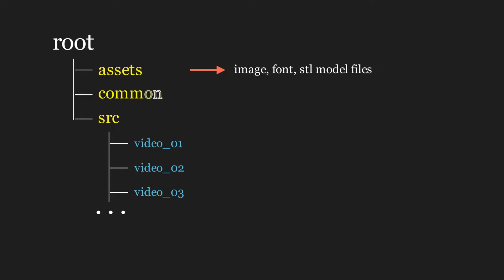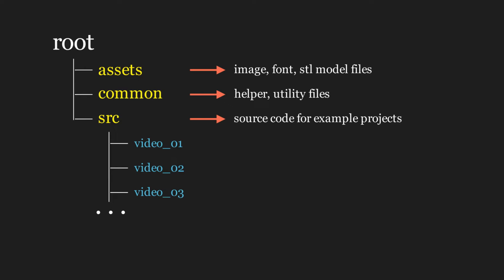The Common folder contains commonly used files that can be reused in multiple examples, such as helper and utility functions. The main folder is SRC that stores all source code used in implementing example projects. This folder further includes many subfolders, such as Video 01, Video 02, etc., with each subfolder containing source code used for creating the examples presented in that specific video.